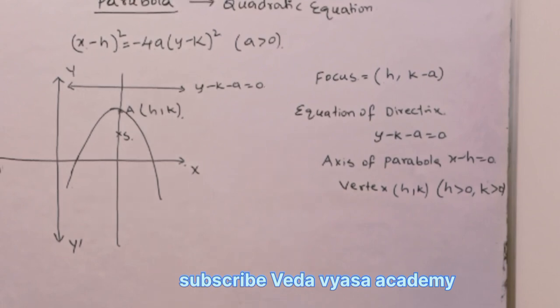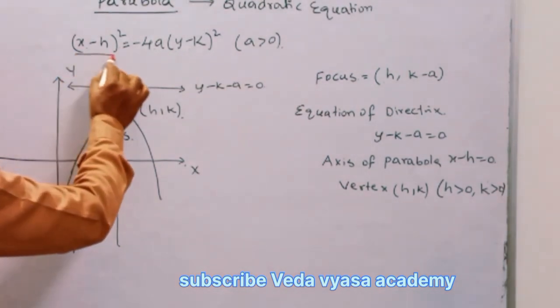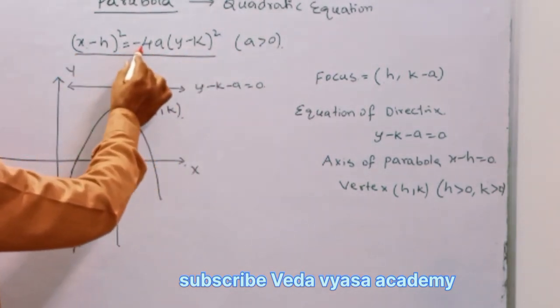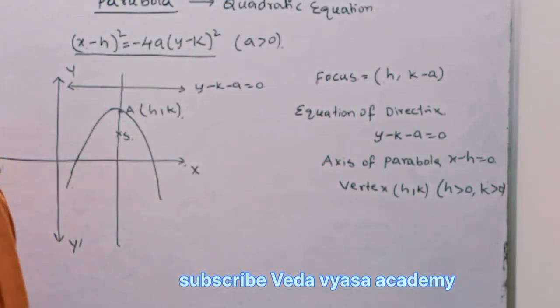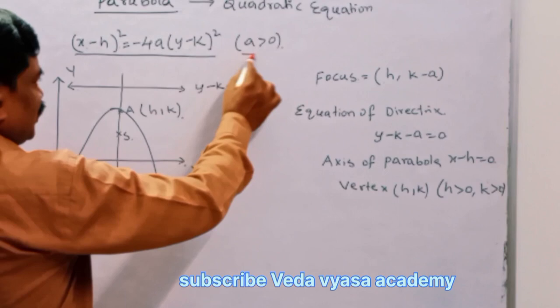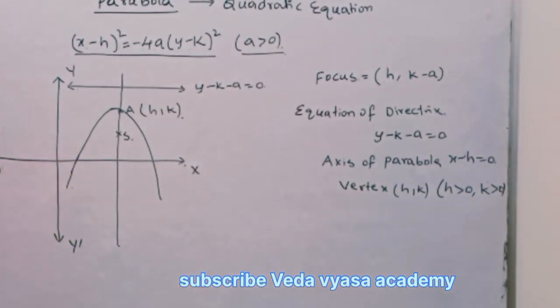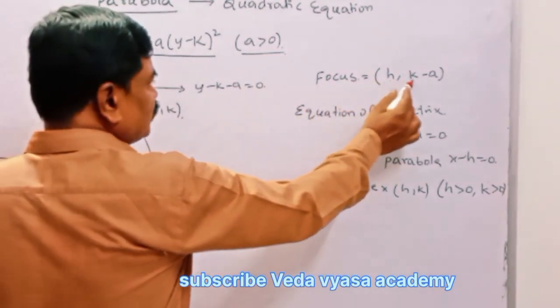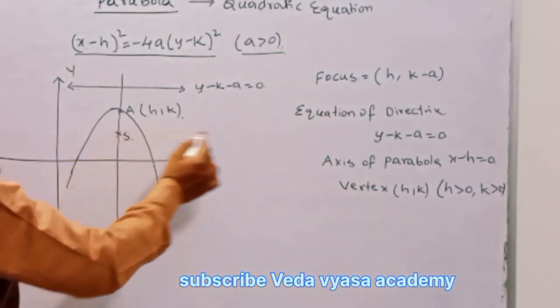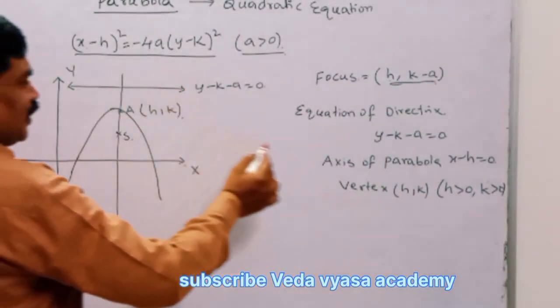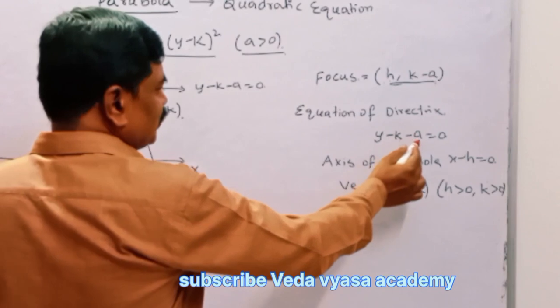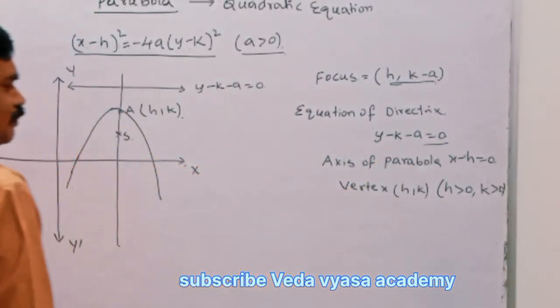You see, all of you, this is the parabola: x minus h whole square is equal to minus 4a of y minus k, a greater than 0. Okay, all of you. In this case, what is the focus? Focus is (h, k minus a). This is the directrix: y minus k minus a equal to 0.